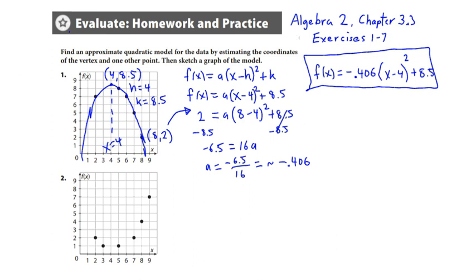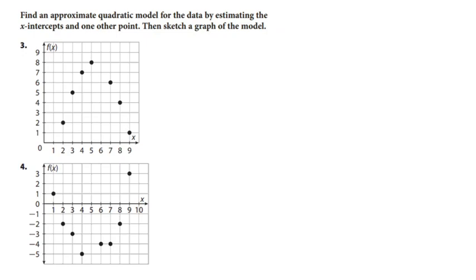Let's go look at the other problem, which is 3. Find an approximate quadratic model for the data by estimating the x-intercepts and one other point, then sketch a graph of the model. Well, here, the x-intercepts looks like if we follow here, we're going to come something like this.